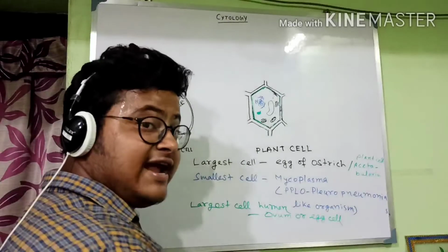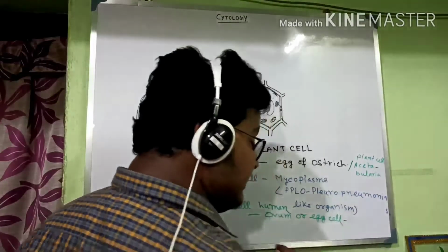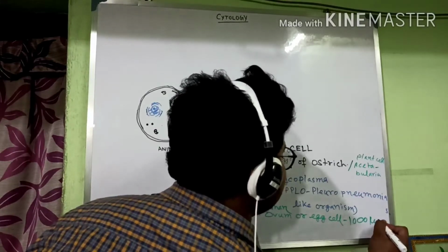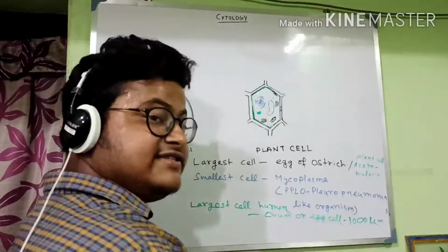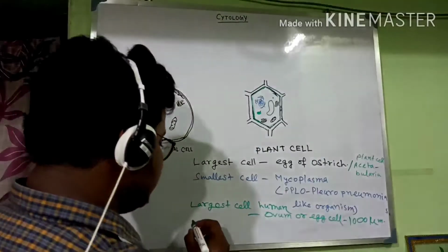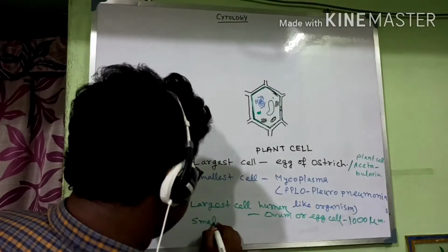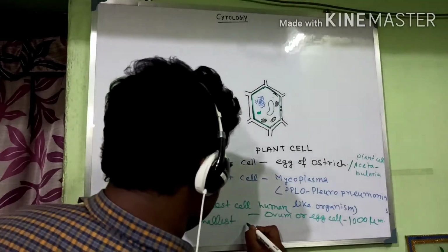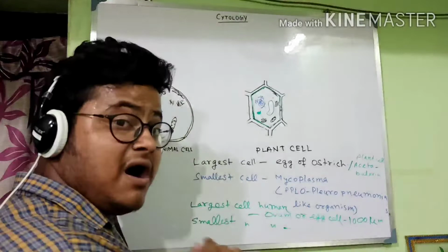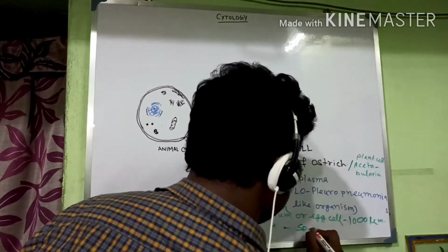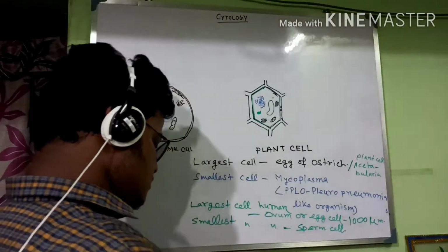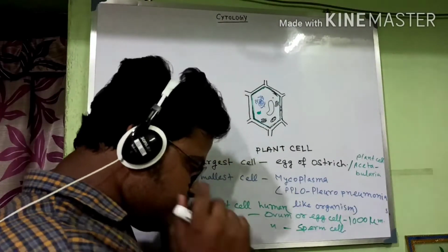It can be seen with the naked eye as it has a width of 1000 micrometers. And the smallest cell in humans is the sperm cell.